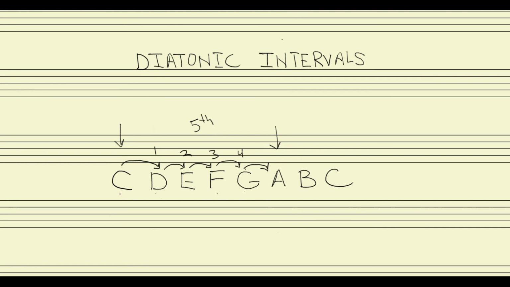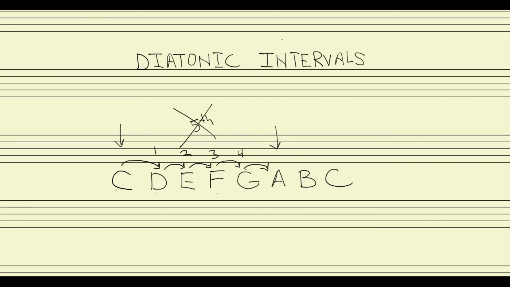But that's not actually the way that we do it when we count diatonic intervals. This is not the way that we're going to do it. It's an easy mistake to make, and it's a mistake we will almost inevitably make between now and the end of the semester, but it's not the way we do it. What we actually do is we start counting 1 on our starting note.